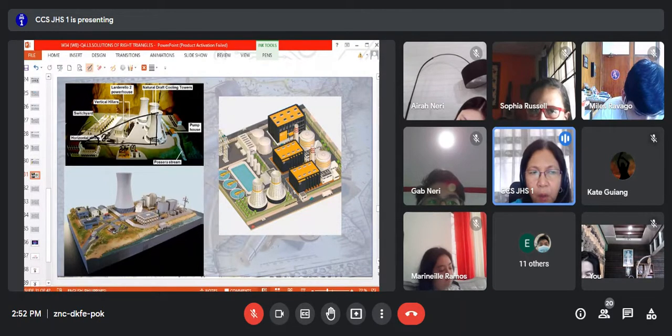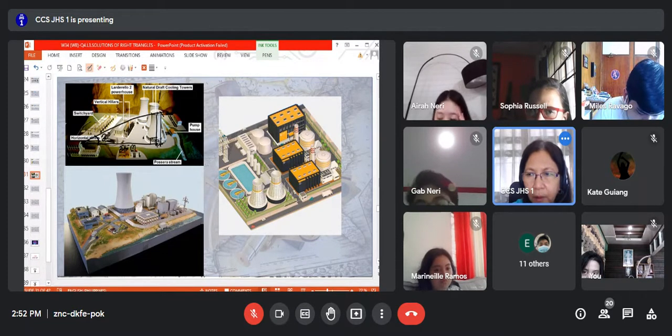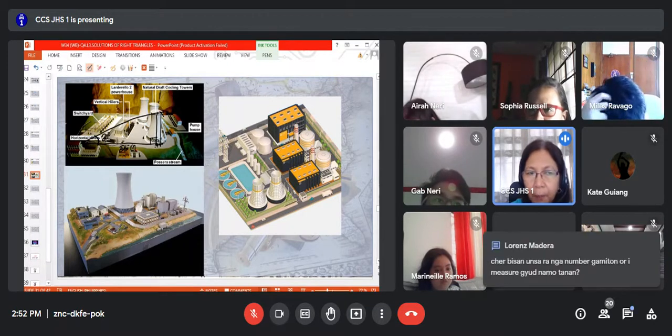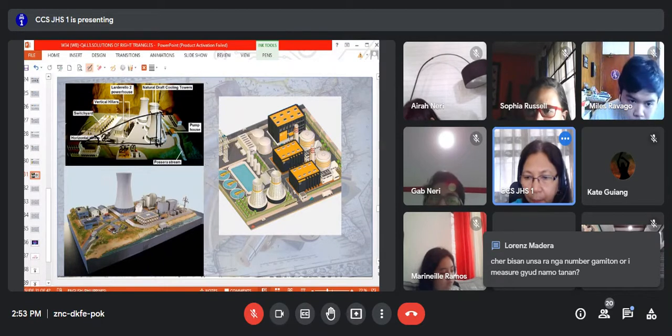How high is the tower if the angle of elevation is 30 degrees from a point 25 meters from the foot of the cooling tower? So your task is just to make a problem out of your diorama.